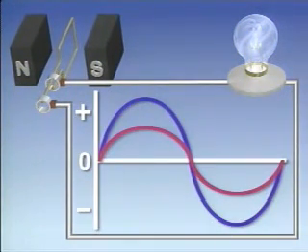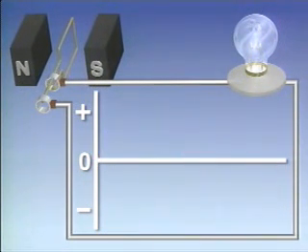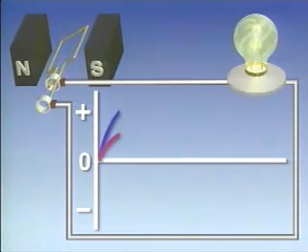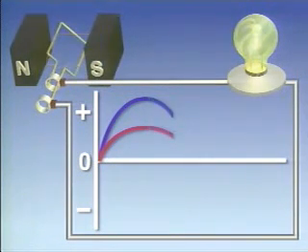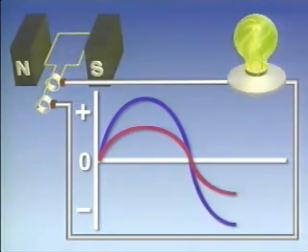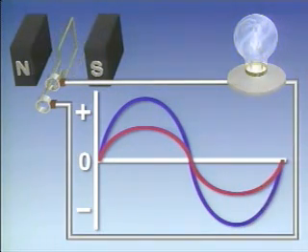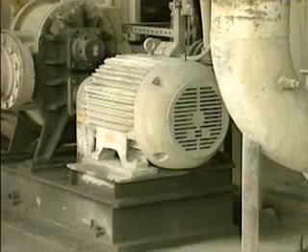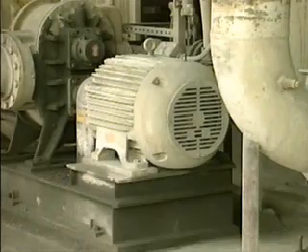A cycle is also one complete sine wave. During each cycle, the current flowing through the light bulb causes it to brighten, dim, go out, brighten, dim, and go out again. In a typical AC power system, 60 cycles are completed every second.